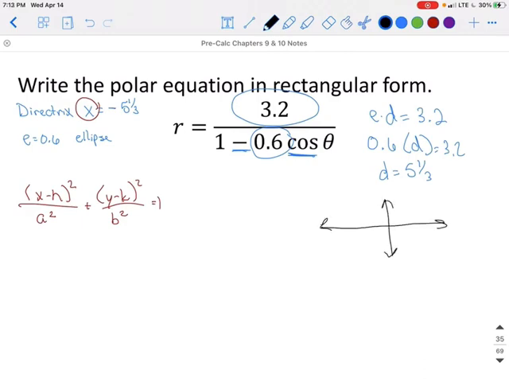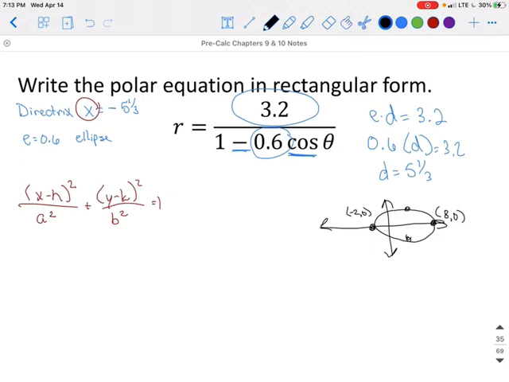And your graph should look something like this, where we have this point at -2, 0, and this point over here is at 8, 0.